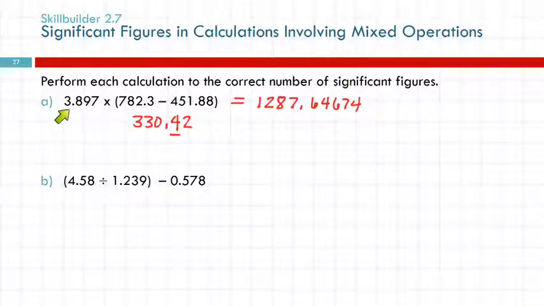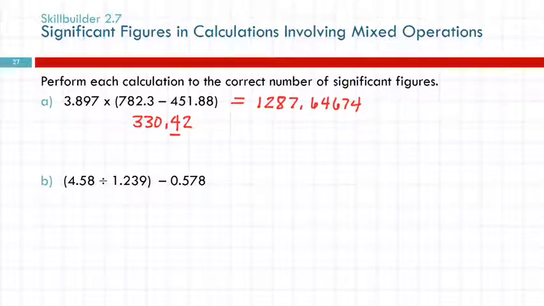What I'm looking at now is this number times that number. How many sig figs does this one have? 4 significant figures. Because I'm multiplying now, I want to count significant figures, not decimal places. So this number, I didn't round it, but I indicated which was the last significant figure. So this one has 1, 2, 3, 4 significant figures. Okay. So I've got 4 sig figs and 4 sig figs. So my answer should have 4 significant figures.